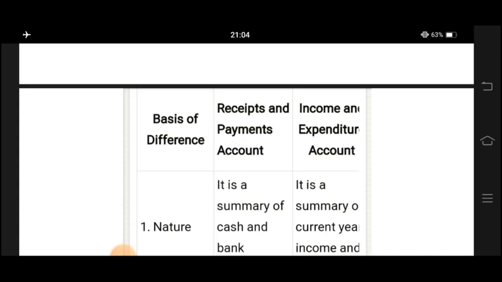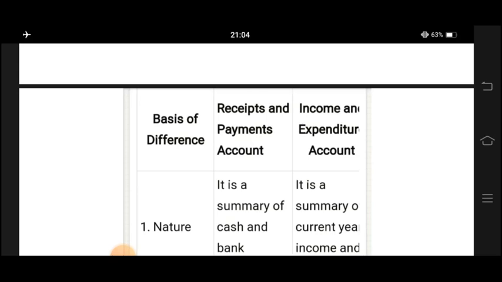On the first criterion, that is on the basis of nature, when we talk about the receipt and payment, as per the nature, the receipt and payment is a summary of the cash book or cash or bank balance. Meanwhile, the income and expenditure is a summary of current year income and expenditure, meaning whatever income has been earned by the organization and whatever expenses have been made by the organization over the year.